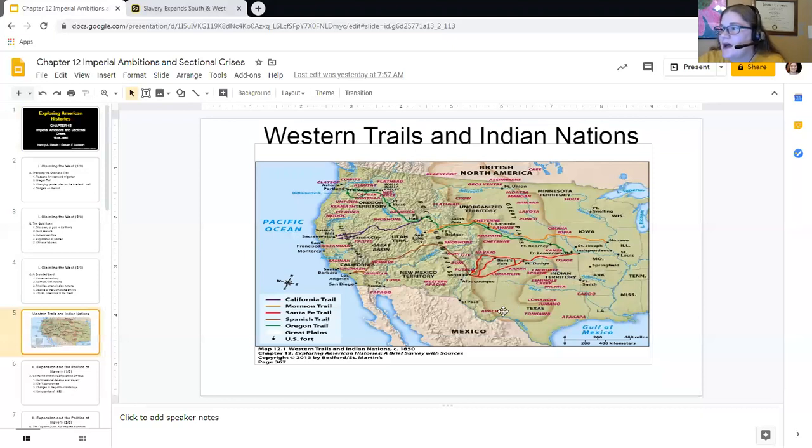At the same time, in this sort of pink color, we see the names of different native tribes that are on these plains areas as well. So it's important to keep in mind that in addition to the harshness of the trail, right, that the settlers are coming into conflict with a lot of different native groups, some that are peaceful, some that are violent, but all that are really just trying to survive and preserve their way of life.